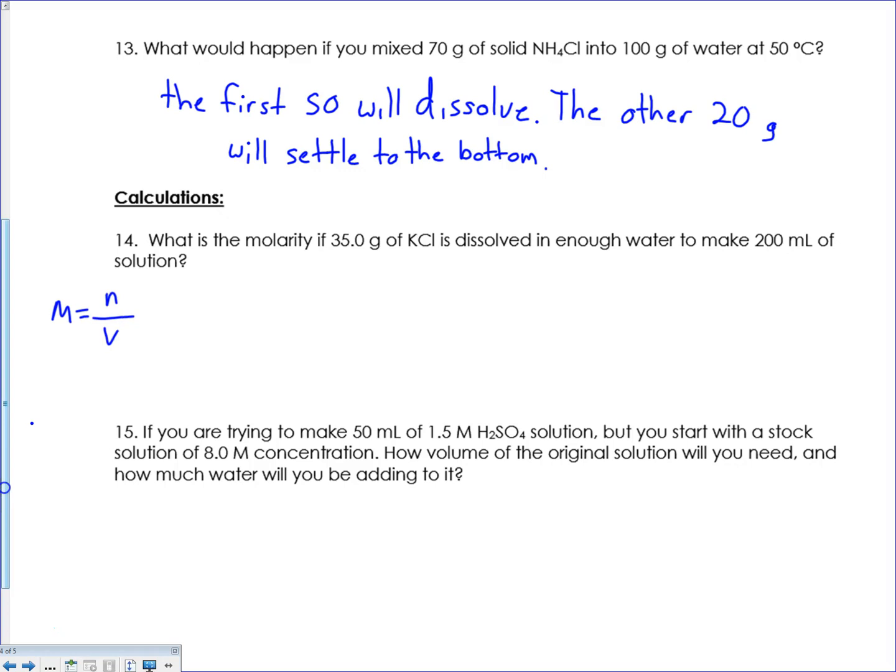So we have to get the number of moles of solute, because we're given 35.0 grams of KCl. You look up on the periodic table the mass of KCl and you get 74.55 grams in 1 mole. Multiply those, you get 0.469.